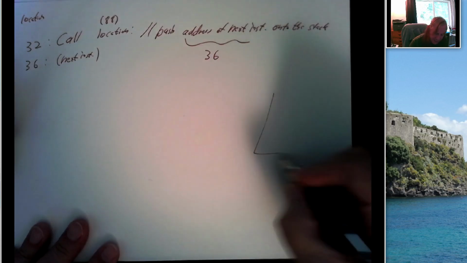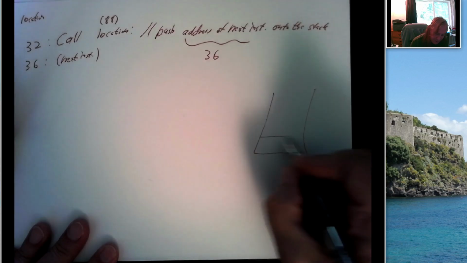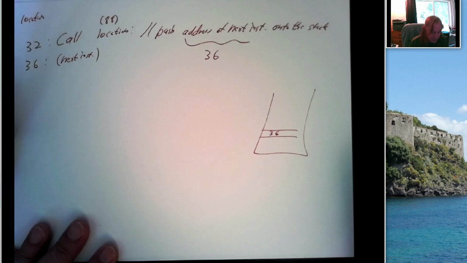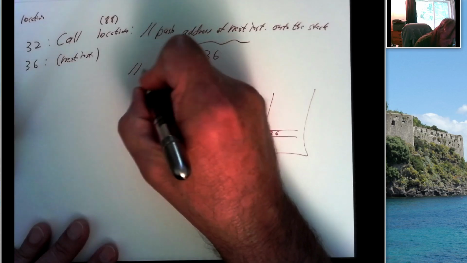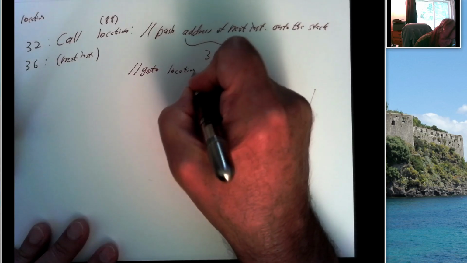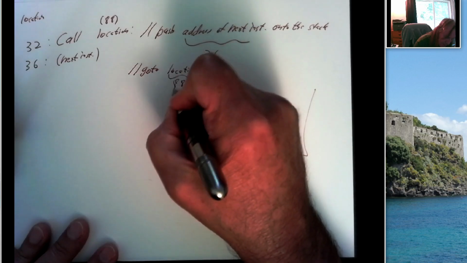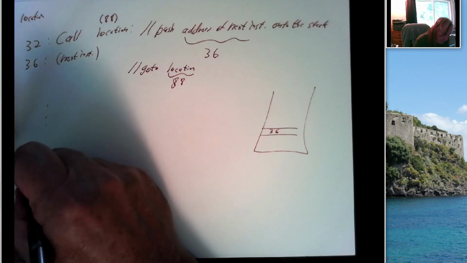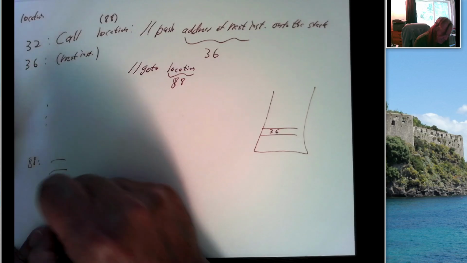So whatever our stack looks like, wherever the stack pointer is pointing, 36 is going to get pushed on there. And then it's going to go to location, which in this case is 88.